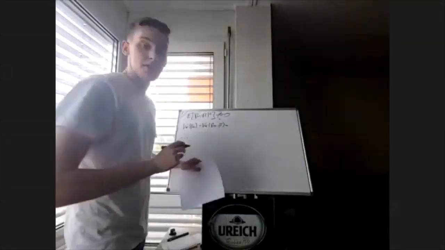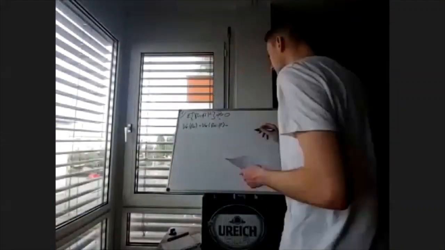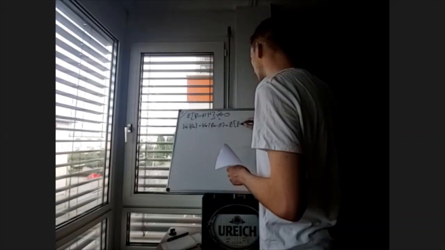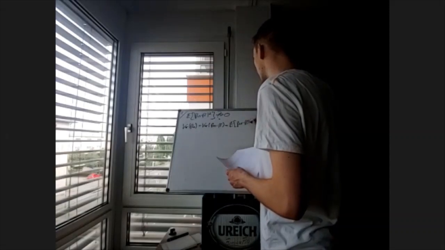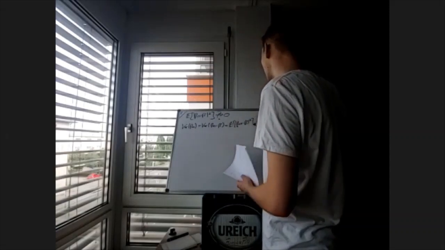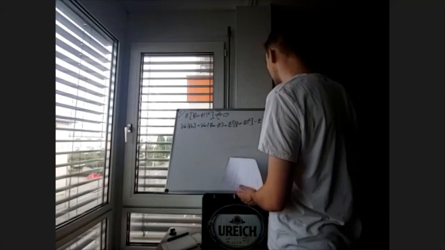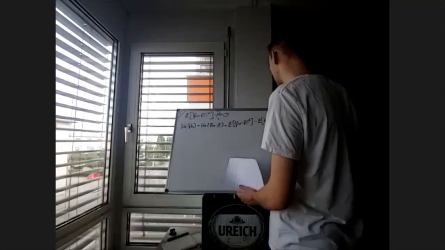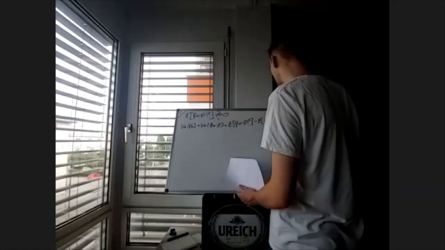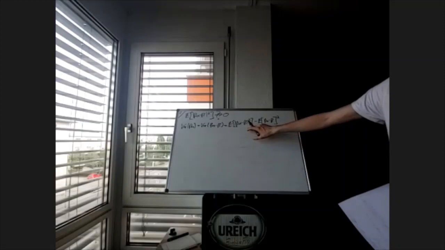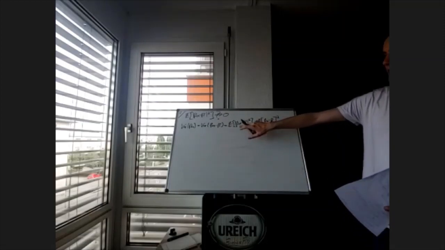And by definition of the variance, this is the second moment of beta n minus beta star minus the squared first moment of beta n minus beta star. Okay, this is what we actually want to consider.